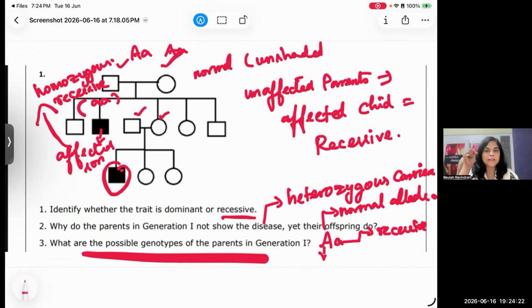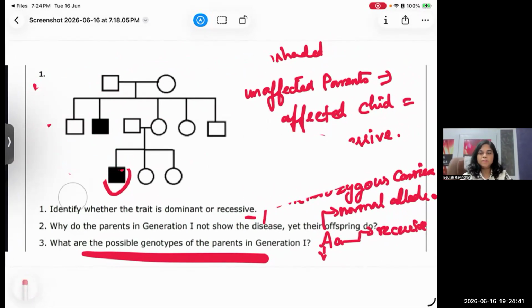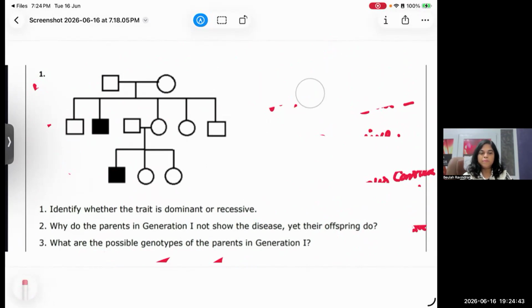Definitely autosomal recessive. If every generation is affected, what is the answer? It is dominant. That means the first generation is affected, the second generation is affected, so dominant. Make a note of this. These points are very important for you.